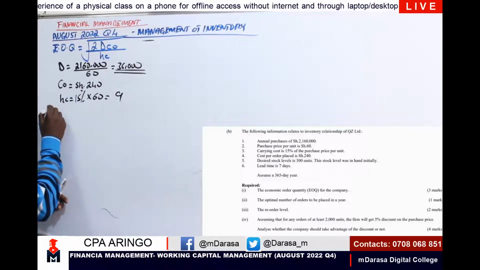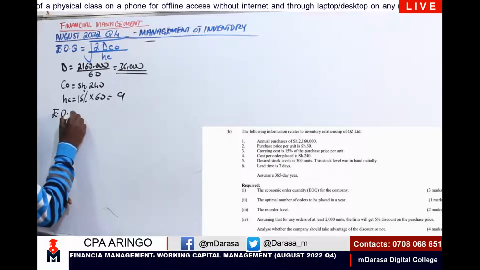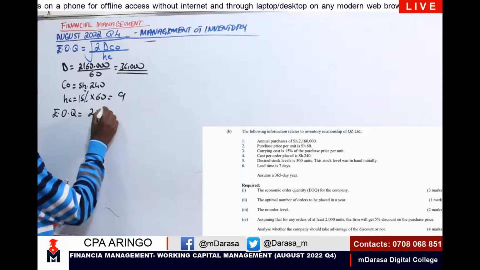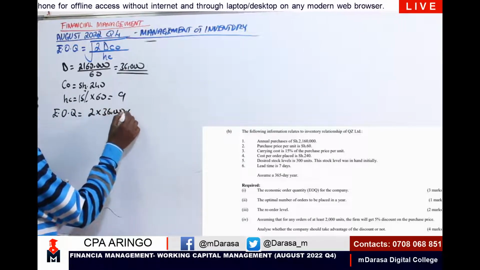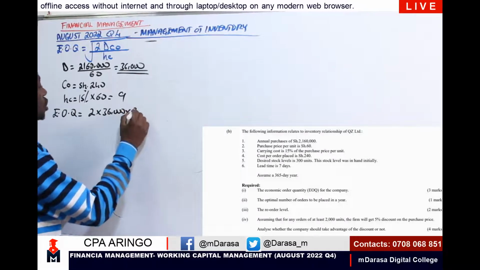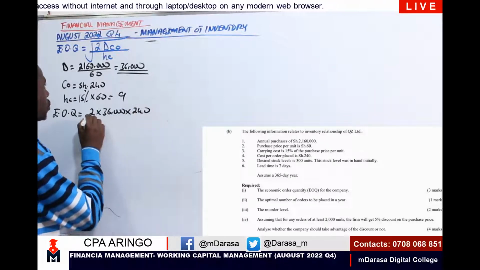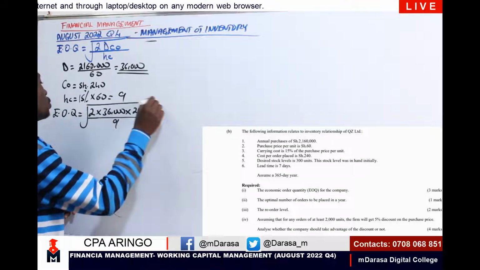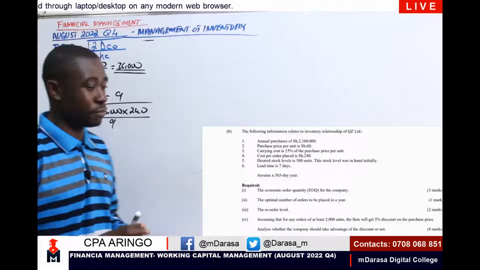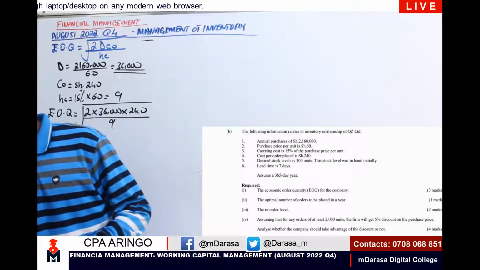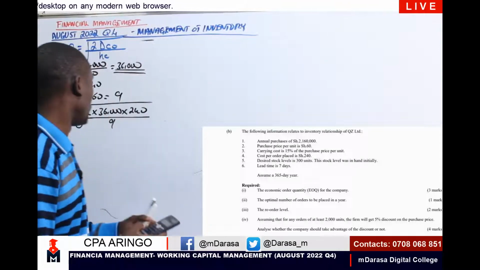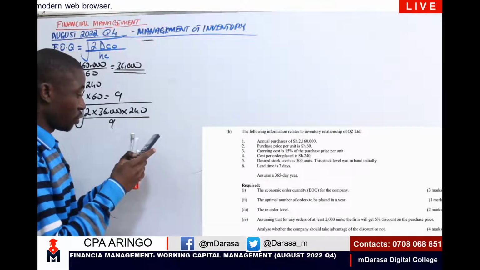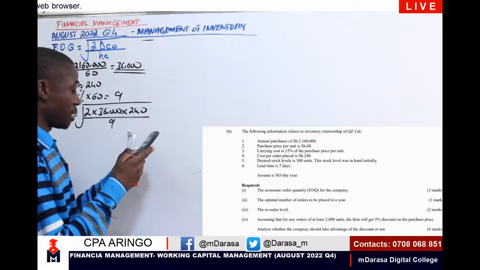So therefore, I'm going to write here very confidently and say that my EOQ is 2 times demand, which is 36,000, times our ordering cost, which is 240. We are going to divide by our HC, which is 9. Then I should not forget to do what? To square root. So I should be talking of how much? 2 times 36,000 times 240, we divide by 9.